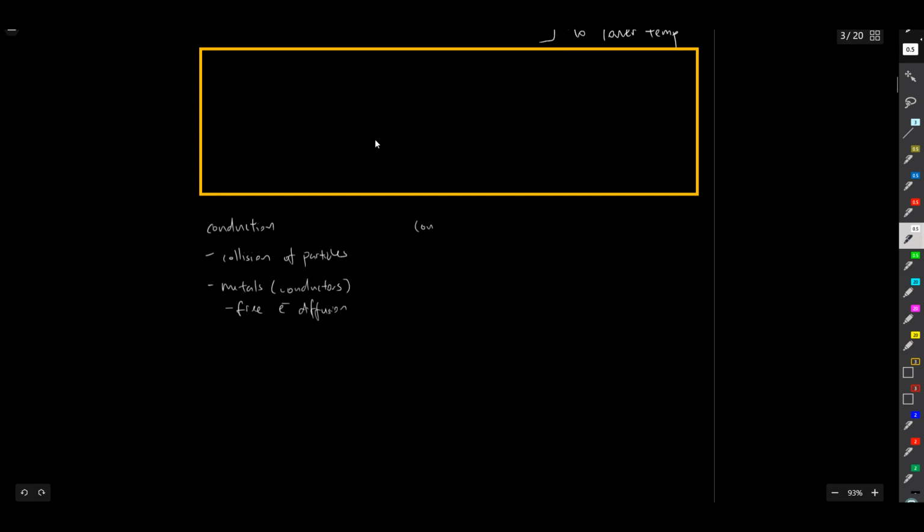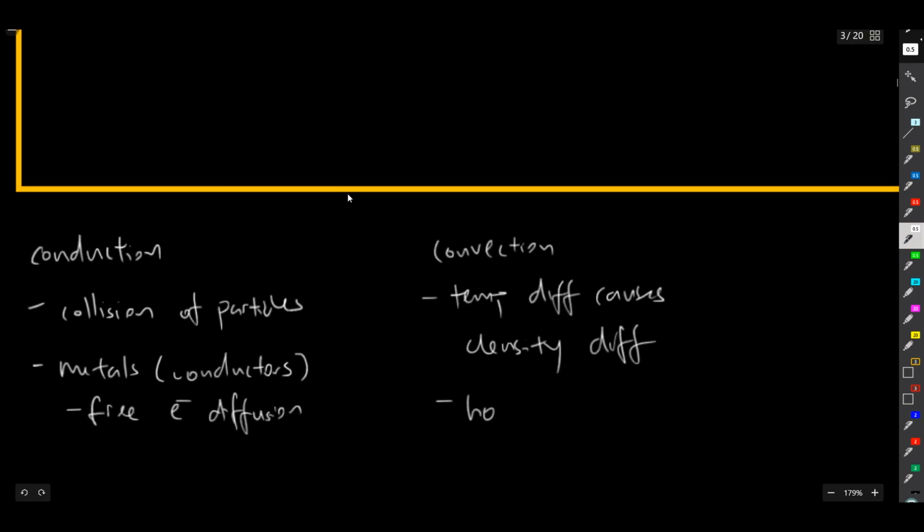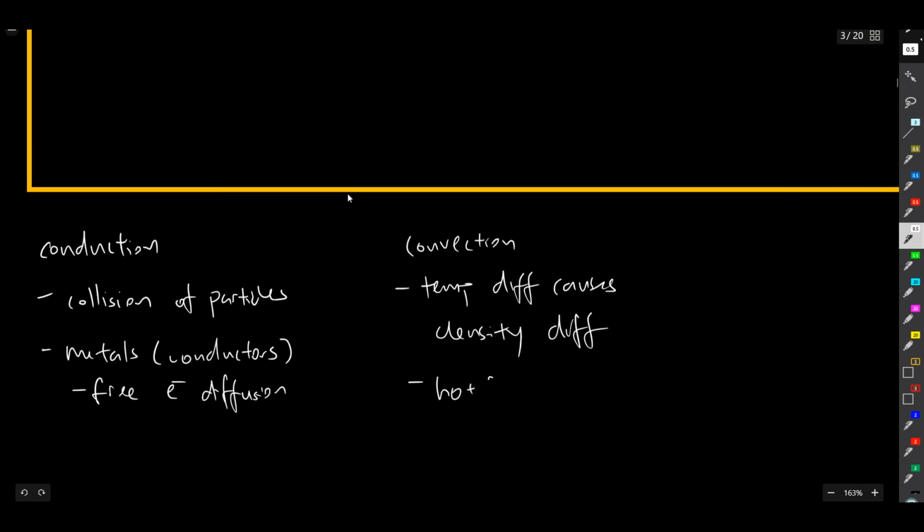Then there's convection, which really works by density difference. Temperature difference causes density difference. This density difference causes hot fluid to rise, sorry, and cold fluid to sink.